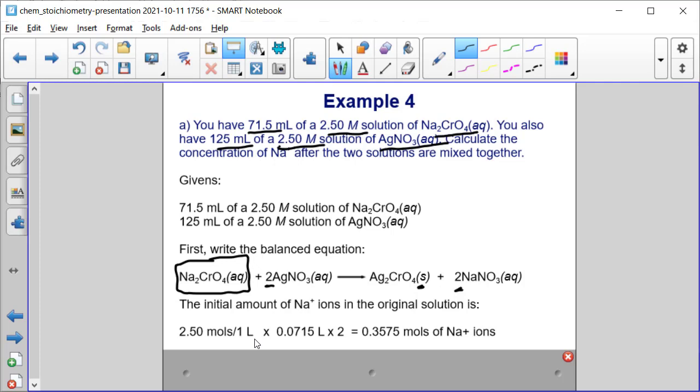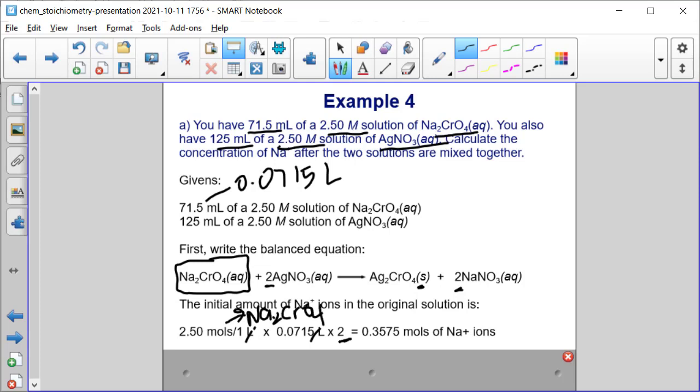Okay. Then we multiply that by the liters. So 71.5 milliliters is 0.0715 liters, okay? Now that gets us moles of Na2CrO4.